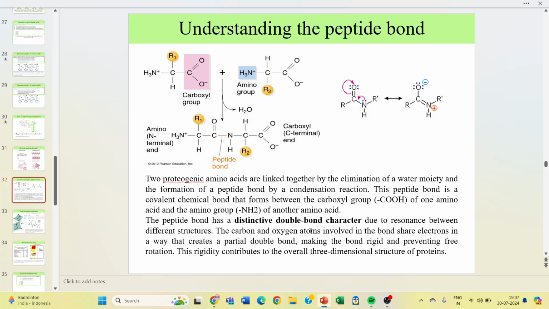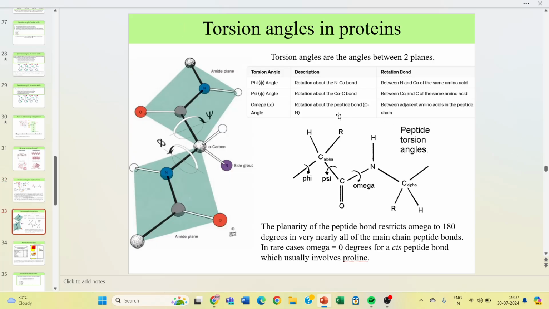Right, the carbon and oxygen atoms involved in the bond share electrons in a way that creates a partial double bond character, making the bond very rigid and preventing free rotation. These are very important characteristics of the peptide bond. This rigidity contributes to the overall three-dimensional structure of the protein. Alright, this is how the resonance happens.